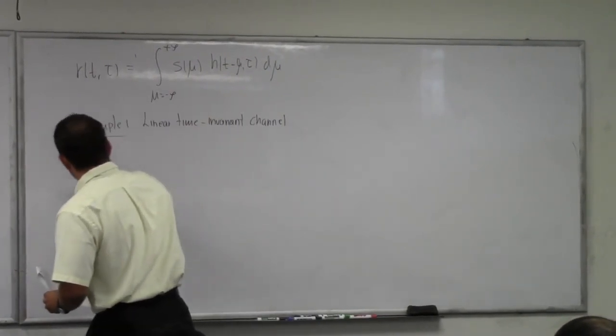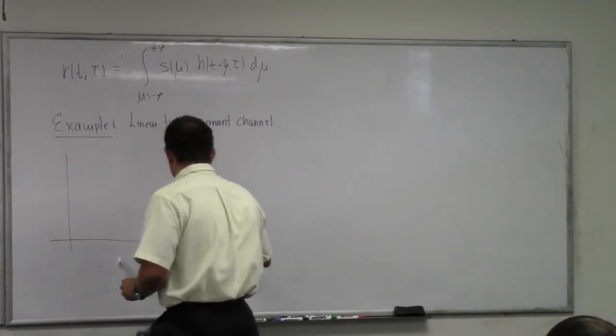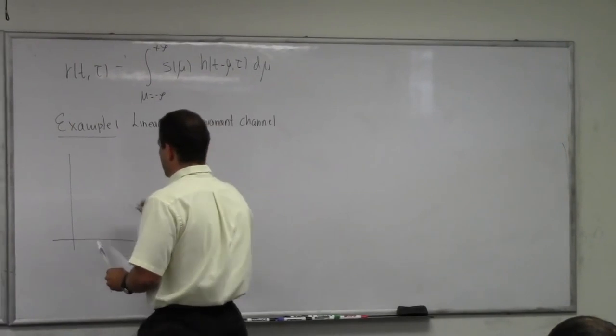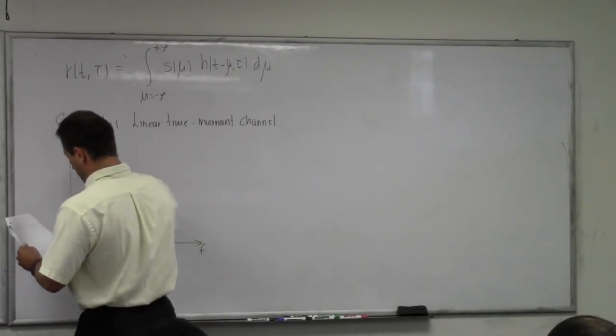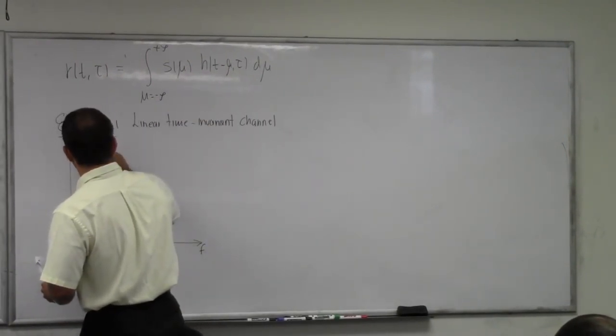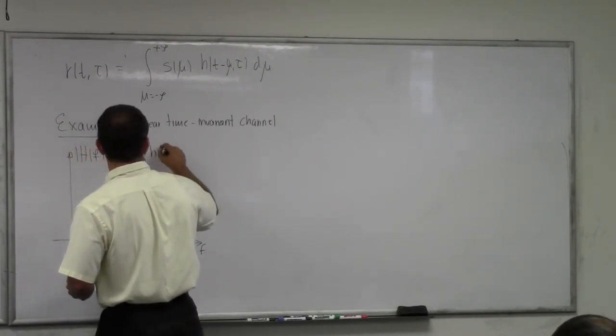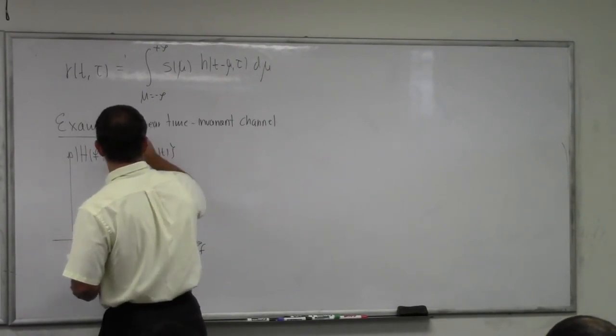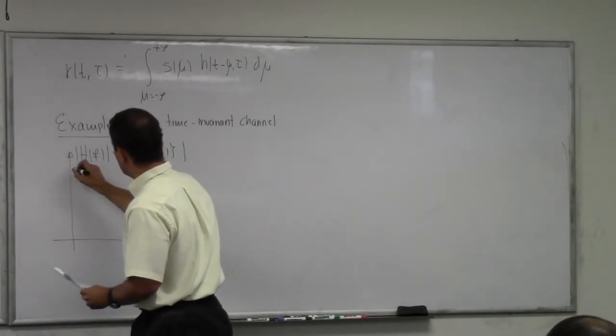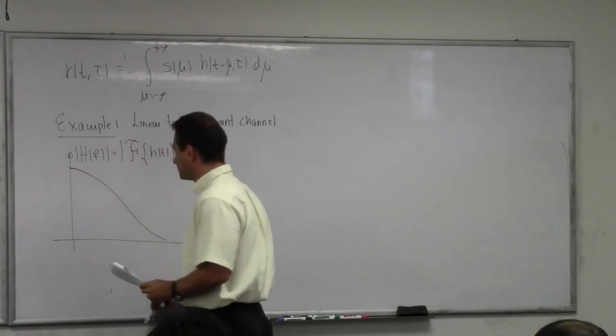The most common linear time invariant channels have transfer characteristics, which is your H of f, which you know is the Fourier transform of h of t, magnitude of f. That looks somewhat like this.